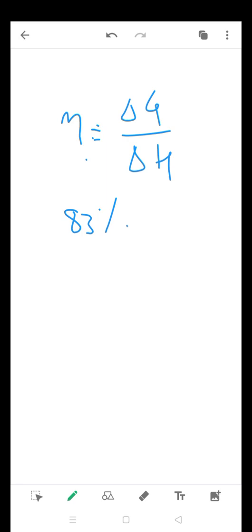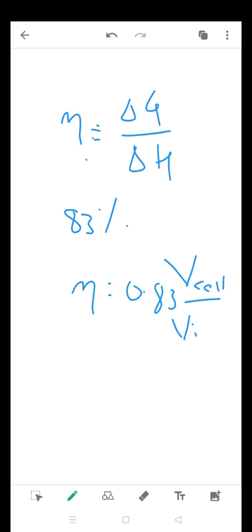Considering this efficiency, there is another way of representing it in terms of the potential corresponding to the ideal one. So if you would like to find out the efficiency, you can also write it as 0.83 times V cell, the potential inside the cell, divided by the voltage in the ideal conditions. This is also a definition of efficiency.